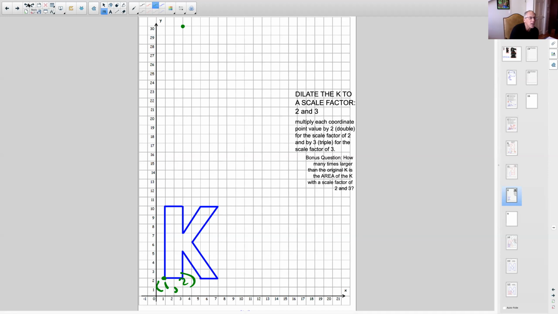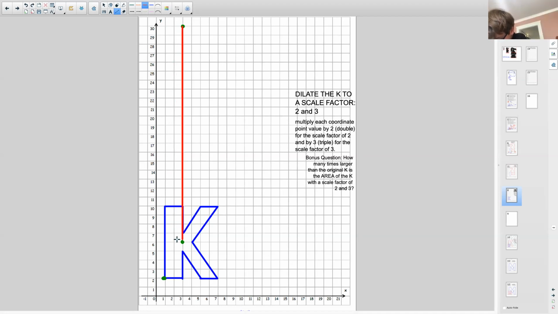Okay, everybody go to 3, 6. And now with your ruler, make a line that goes down all the way from 3, 30 to 3, 6. Was that the hugest line ever?